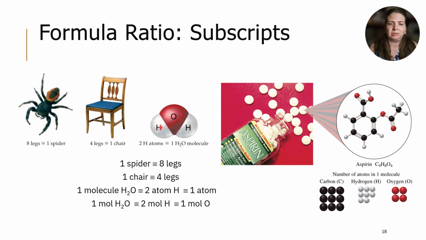One water molecule contains 2 hydrogen atoms and 1 oxygen atom. Because we often work with moles instead of individual molecules, we can extend this relationship to the mole scale. 1 mole of water contains 2 moles of hydrogen atoms and 1 mole of oxygen atoms. The subscripts in a chemical formula tell us this formula ratio.